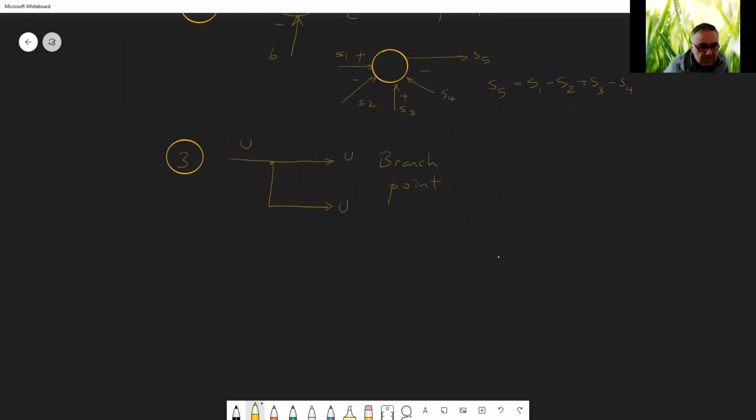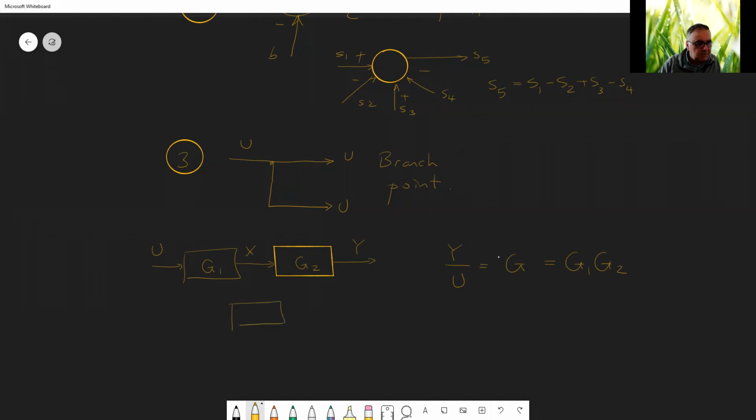For example, as I have said, you can use two blocks in series like this, connected to each other. This is G1, this is G2. Okay, this is U, this is, let's say, intermediate X, and this is Y. We know that Y over U, which is G, the total G is G1 times G2, okay?